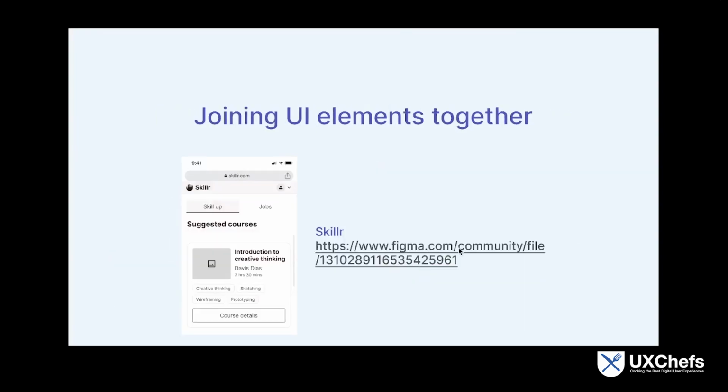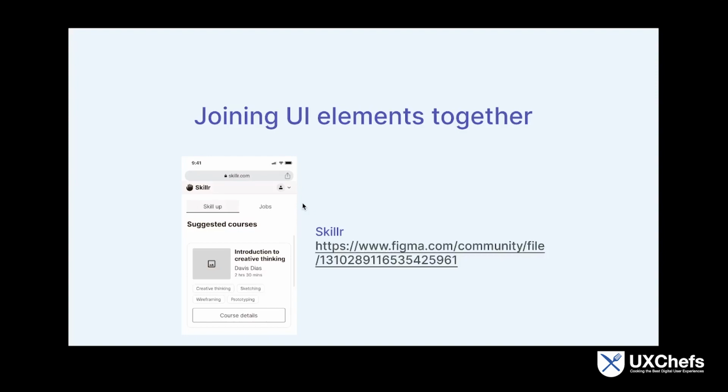So use this link to get this file, make a copy. It's my design, so feel free to make a copy and then manipulate it the way you want. You can delete, add your own colors, just like I've been showing you. Play around with the properties, and then you will be able to improve as a designer.